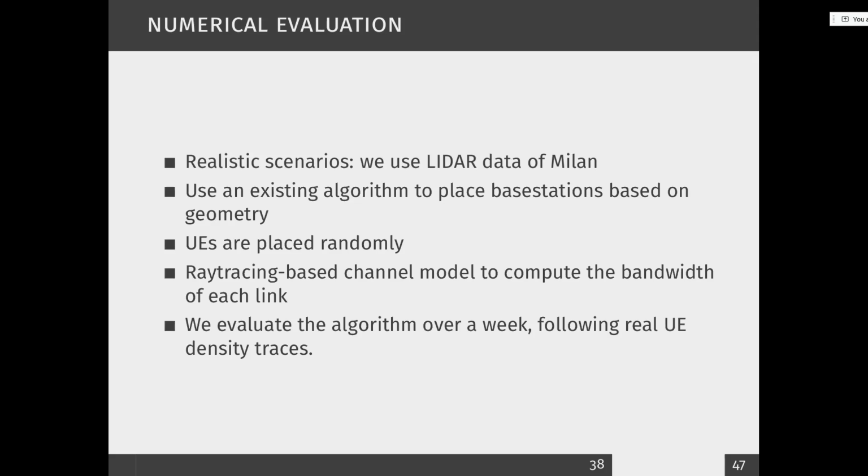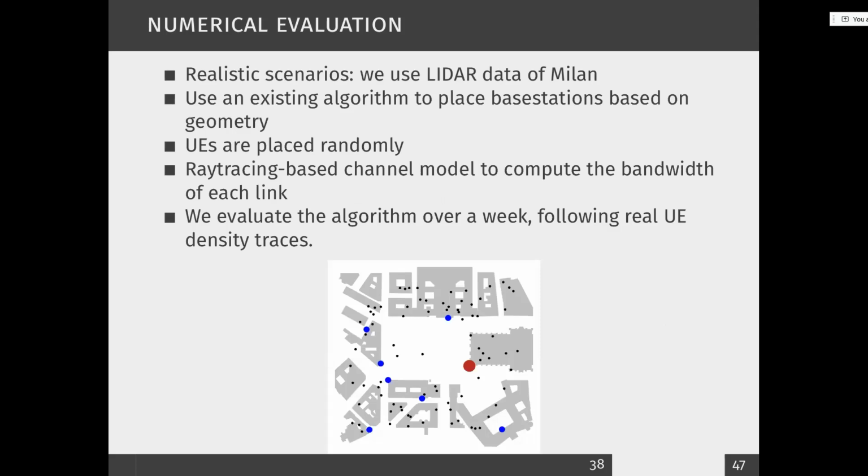And also to place the UEs, what we did is we took real density traces of UEs, and this enabled us to choose the density according to real life data. So this is what an instance would look like. For example, we have the donor placed here and the other IAB nodes in blue here.